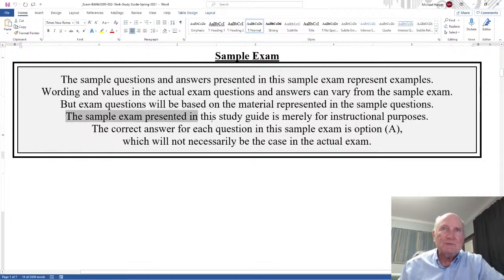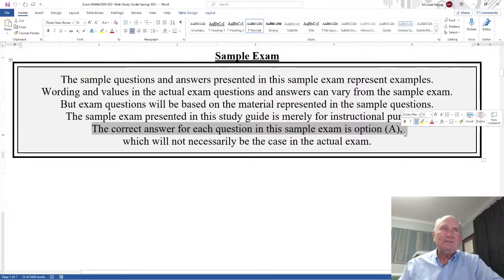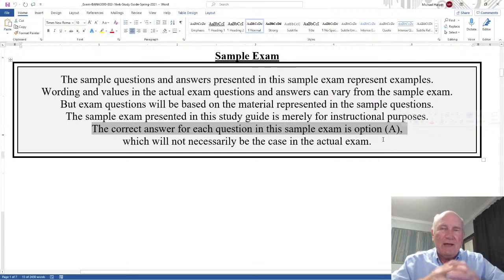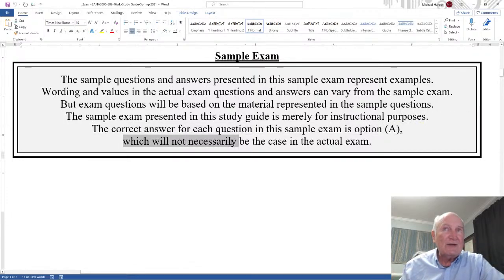The sample exam presented in this study guide is merely for instructional purposes. The correct answer for each question in this sample exam is option A. So it's easy to go through and say, that's the answer, here are other answers to compare, to see how to go about it. That will not necessarily be the case in the actual exam. Hopefully that's apparent, but I'll state it up front.